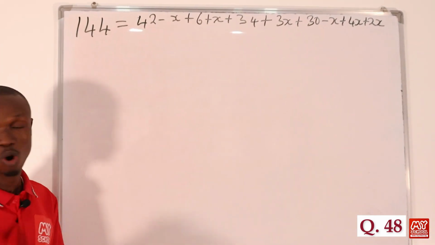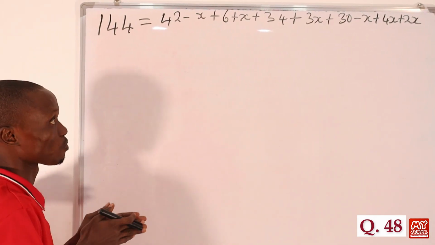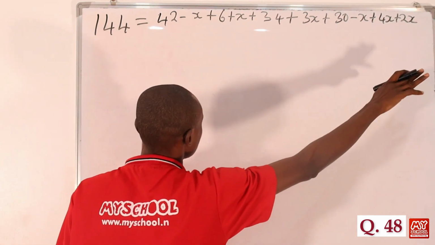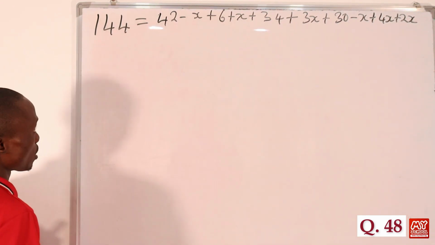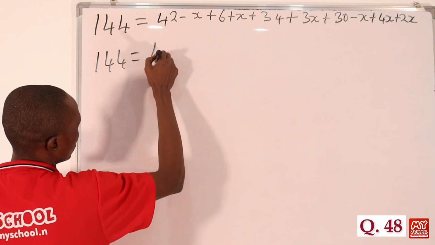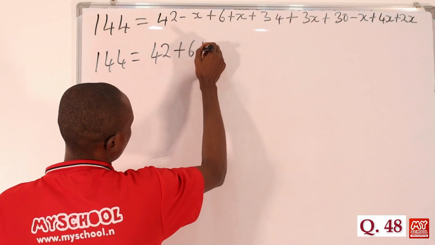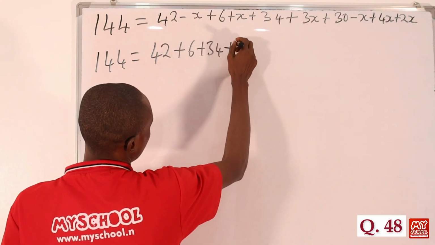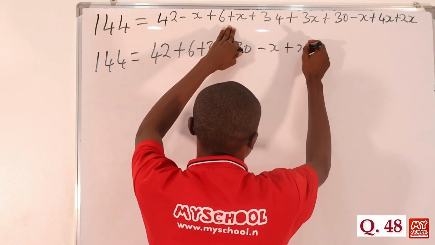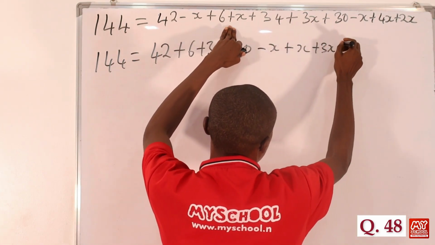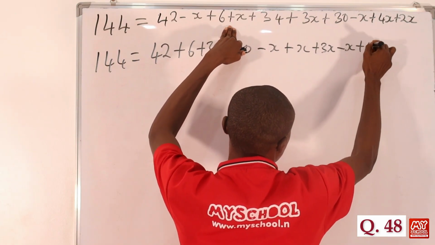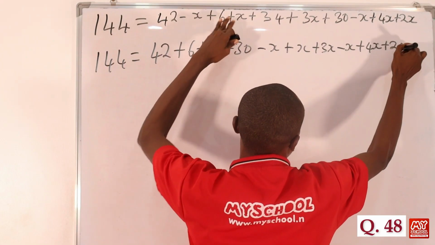So let's move over to the board to provide the answer to this question. Basically, what we are trying to find here is just the value of x. If we add everything together that is given to us, that will be equal to 144. So let's simply collect like terms. Here we'll have 42 plus 6 plus 34 plus 30, then minus x plus 3x minus x plus 4x plus 2x.